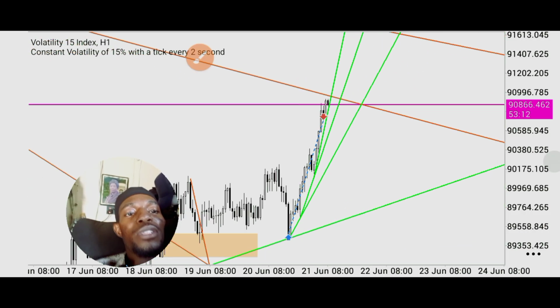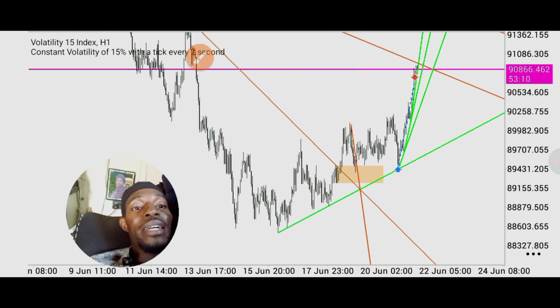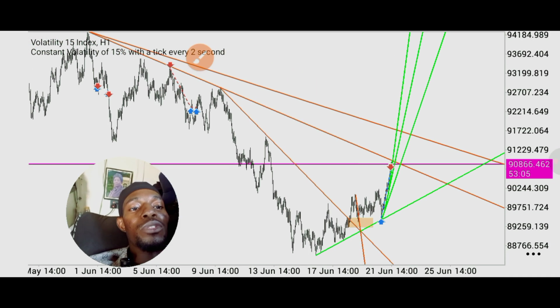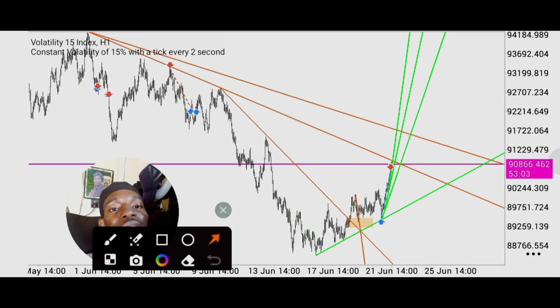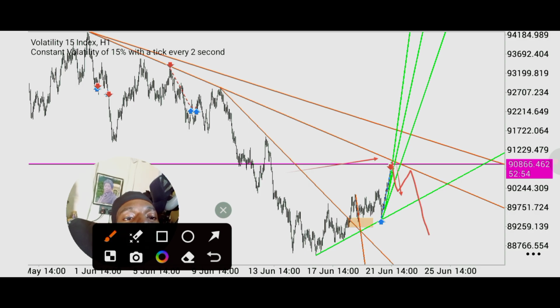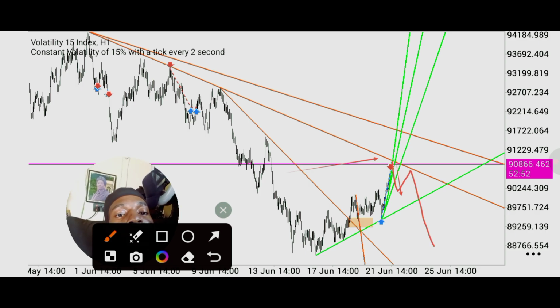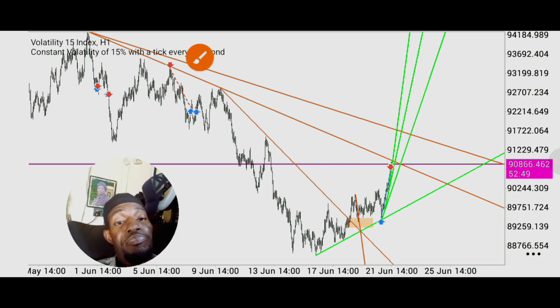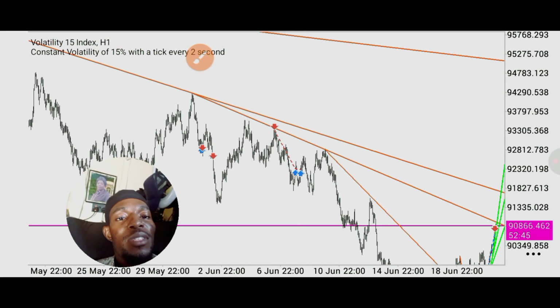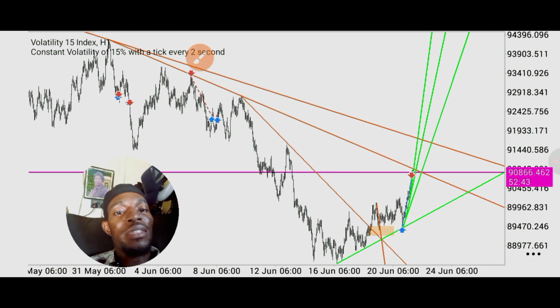So this is what the market is currently doing. I'm expecting price to bounce off this trend line right here and start coming down, maybe something like this. But if it doesn't happen like that, that's its problem. These are the previous trades I've taken.